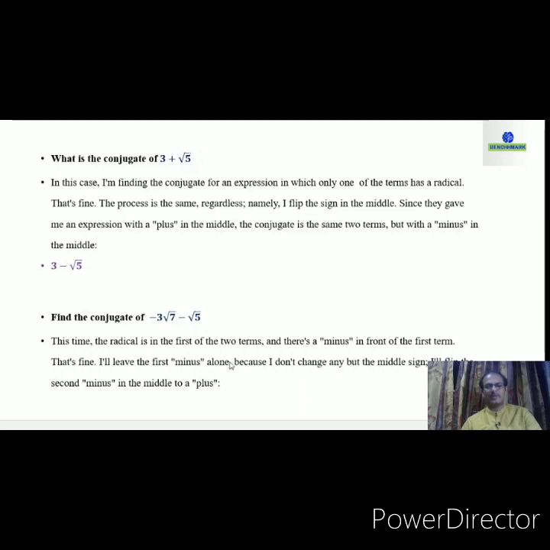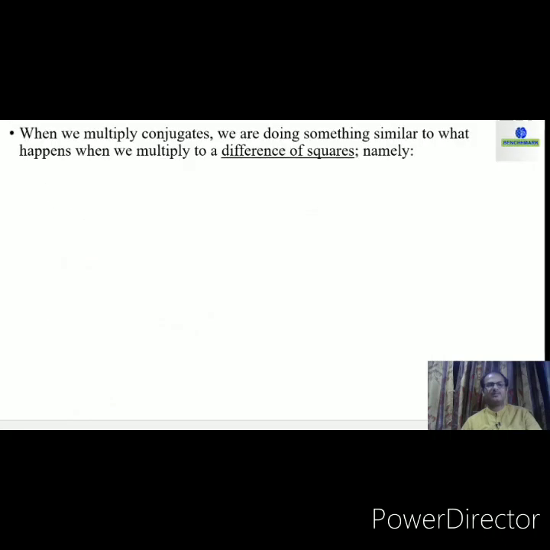Nothing is to be done with that sign because I don't change any but the middle sign. So I'll flip the second minus in the middle to a plus sign and that's what we have. Yes, minus 3 root 7 plus root 5. Students, please do remember we just need to flip the sign in the center, rest all the signs remain the same.